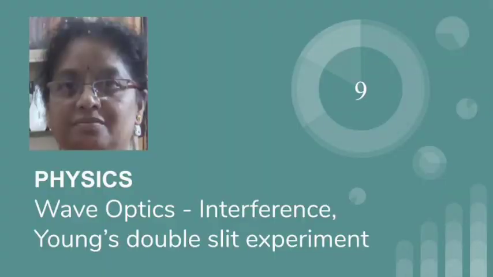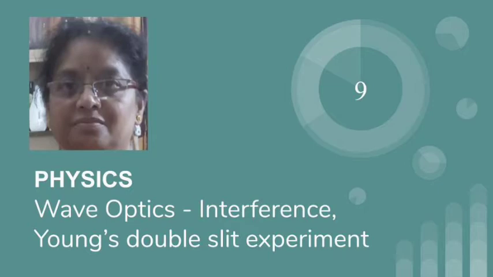When two waves from coherent sources of light having same or nearly equal amplitude superimpose, then the resultant amplitude in the region of superposition is different from that due to individual waves.